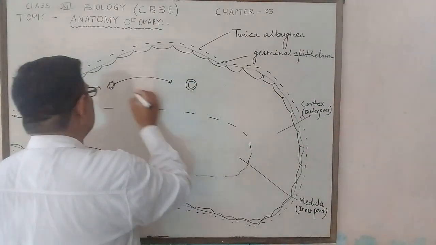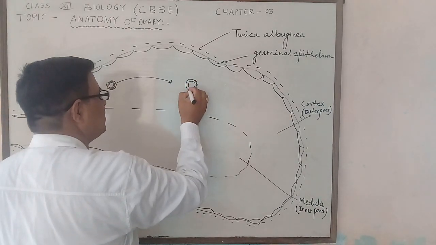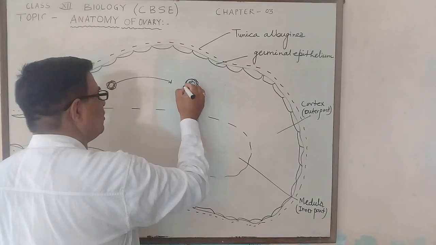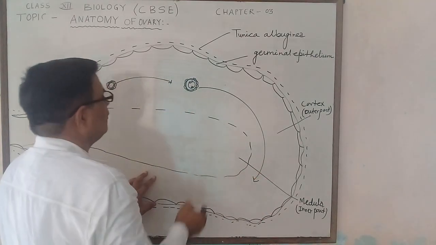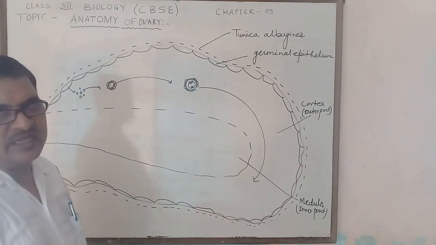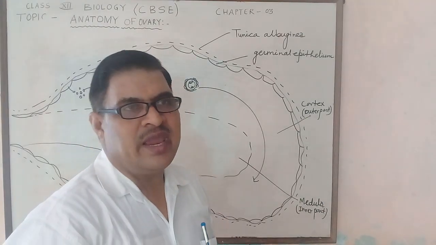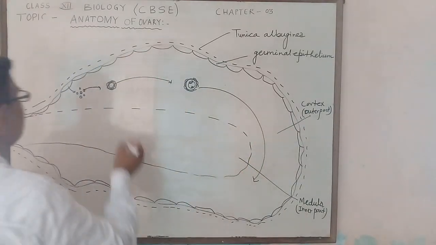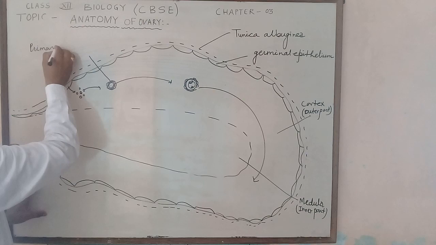The primary Graafian follicle later on develops into the secondary Graafian follicle, which undergoes a type of mitotic division, an unequal division into a large cell and a small cell, resulting in the first polar body and the secondary oocyte.